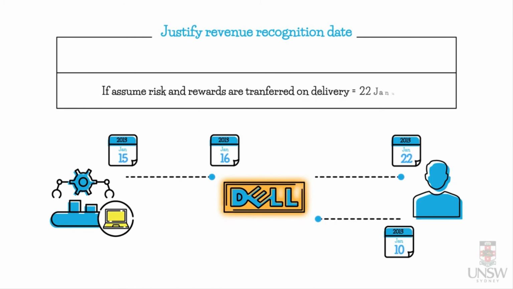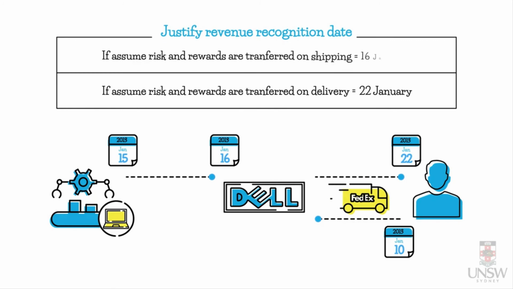But if you believed that the risks and rewards are transferred to FedEx, then you would record that earlier date of the 16th of January, and your answer would be that the risks and rewards have been effectively transferred because a third-party shipping company is being used.